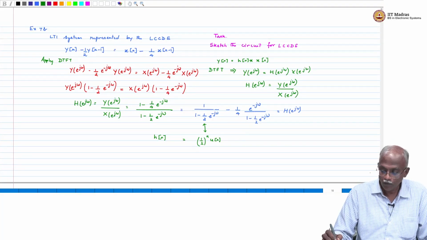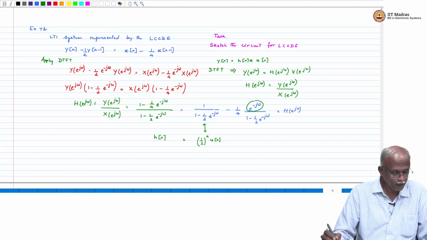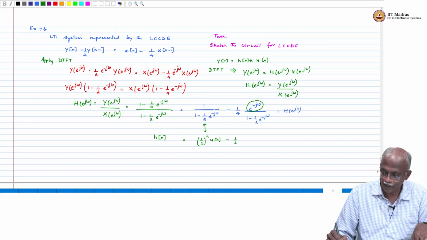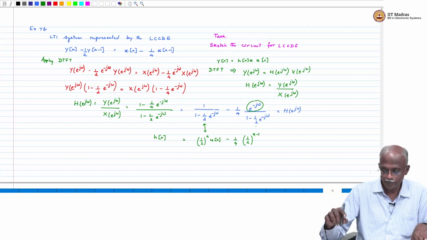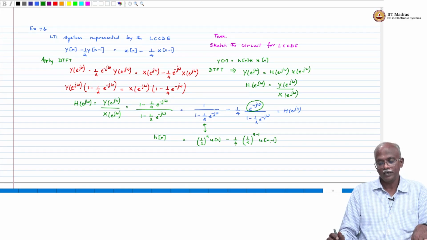Okay. Now, the second term is also going to be the same sequence, except that it is delayed by 1 unit of time. So, you keep the scale factor as is, you get 1/2 delayed by 1 unit of time. 1/2 to the n becomes n minus 1, u of n becomes u of n minus 1. Okay.